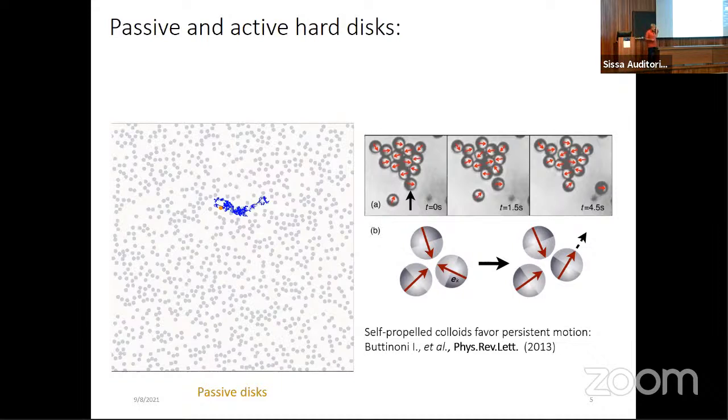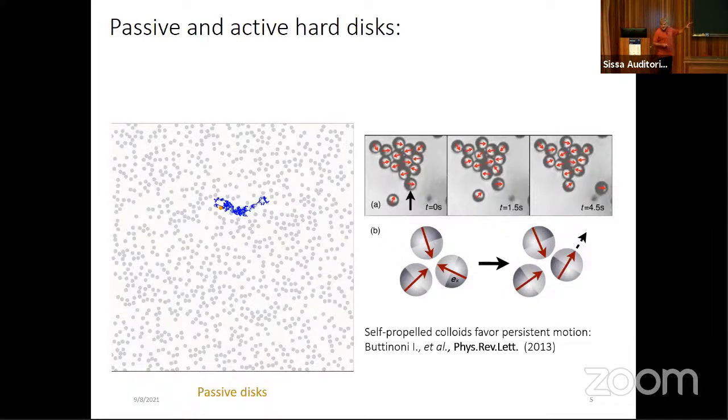And these kinds of active disks are realized in many different ways, and this is a quite known experimental realization made by Buttinoni et al., the group of Leeuwen in Germany, I think. And here they move by thermophoresis. There are other mechanisms that produce this force.